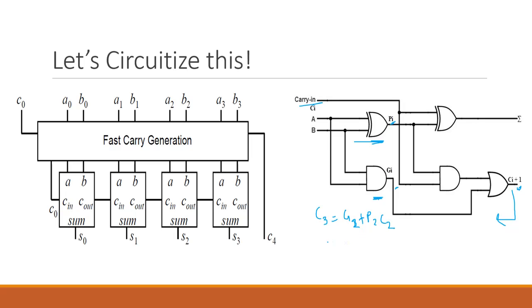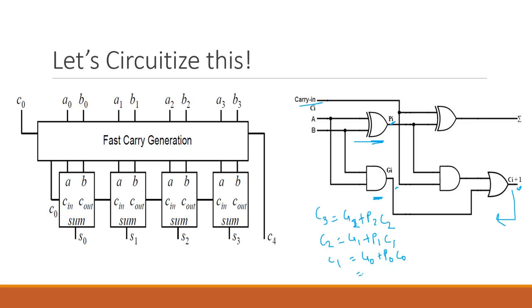Now what is C2? It is equal to G1 plus P1 C1. Now what is C1? It is G0 plus P0 C0.